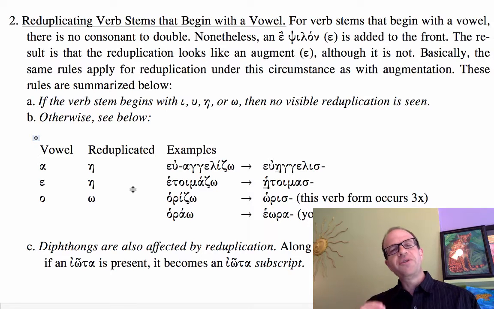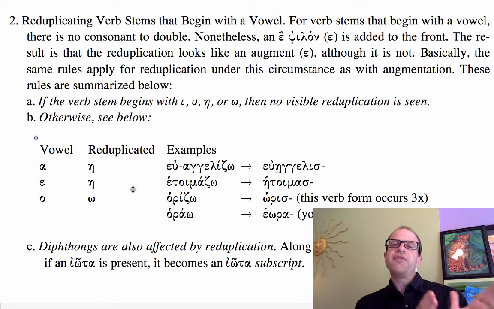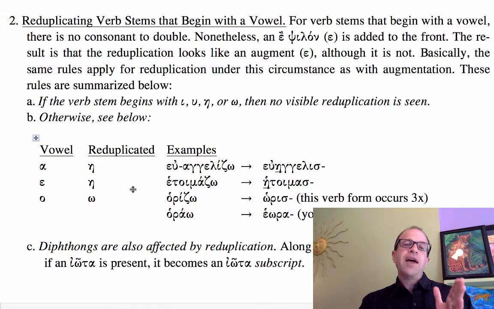And so this is a confusing thing for beginning students when they're parsing verbs. Fortunately, you don't have to rely simply on the reduplication to parse the verb because you will have the perfect and pluperfect endings, which are distinctive. Remember that they'll have the tense indicator of a kappa, and that kappa will also help you parse the verb.